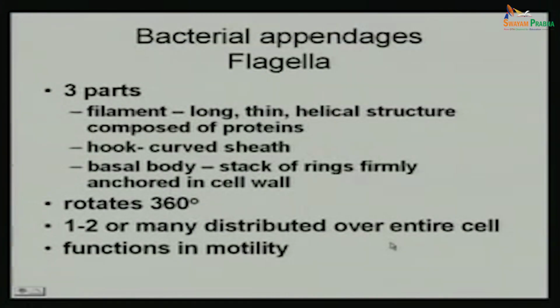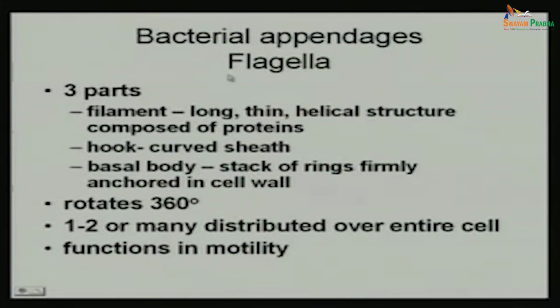Now, let us come one by one to each of these organelles present in the bacterial cell. Now, the bacterial appendages, the flagella, can be divided into three major parts. One is the filament, that is the long, thin, helical structure mainly composed of proteins.